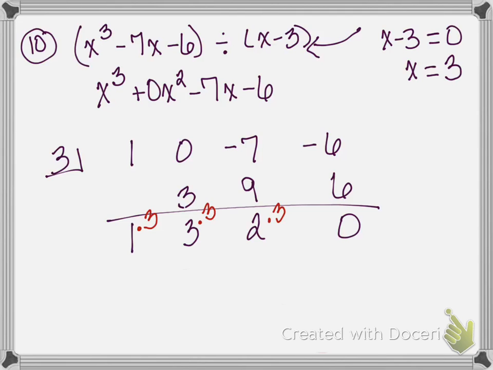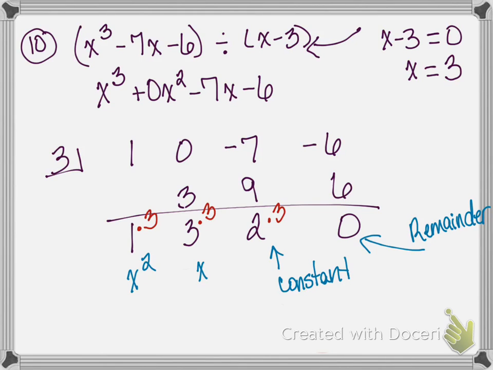And I get 0. That 0 means I do not have a remainder. So this is my remainder. This is my constant. This is my x, and this is my x squared. So my final answer to this is 1x squared, 3x plus 2. That's my final answer, and it's the same thing when we did long division.